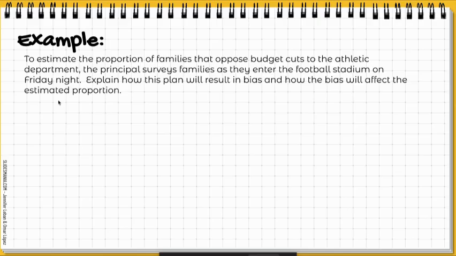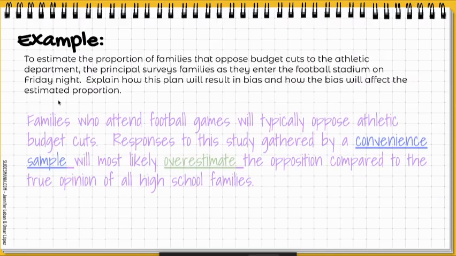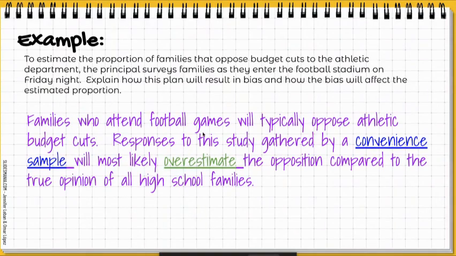So, what is the problem with this? Think about the families. The families who are attending the football games are going to typically oppose athletic budget cuts because they are really into athletics. The responses to this study, gathered by a convenience sample, because that's what this is, will most likely overestimate the opposition compared to the true opinion of all high school families.